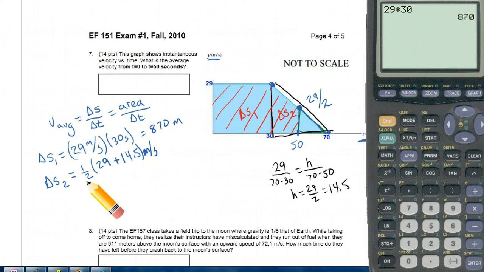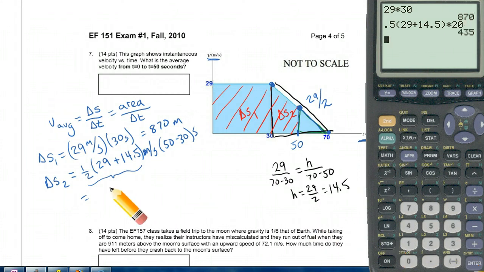Alright, so there's my average height, and I'm multiplying by the base, which is this 50 minus 30, or 20 seconds. Alright, so 0.5 times 29 plus 14.5 times 20. 435.